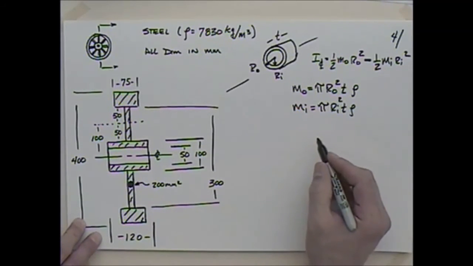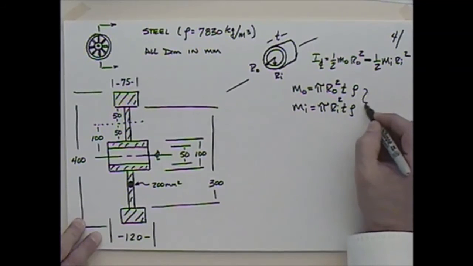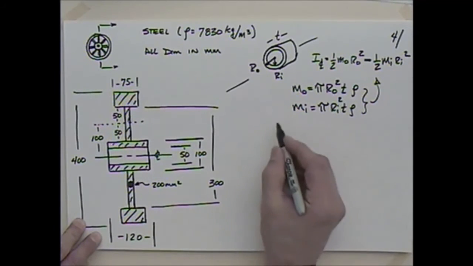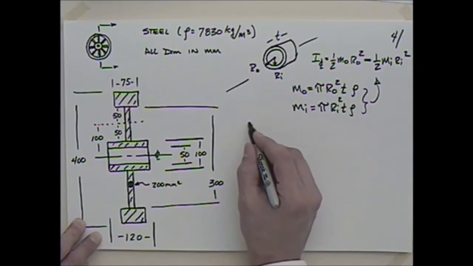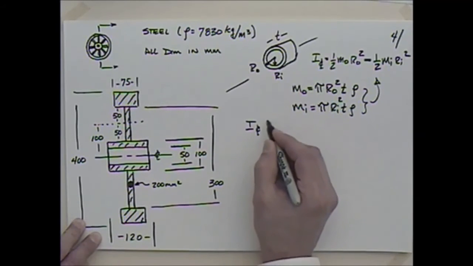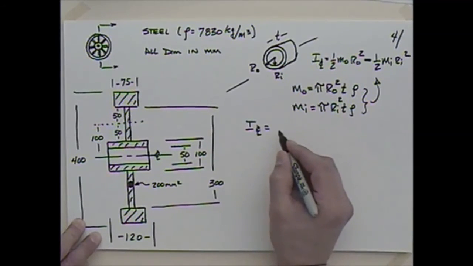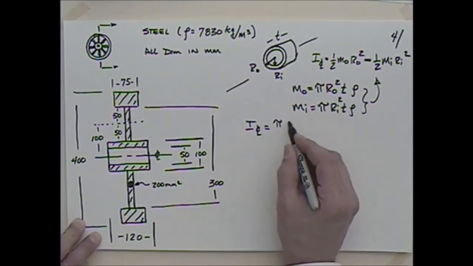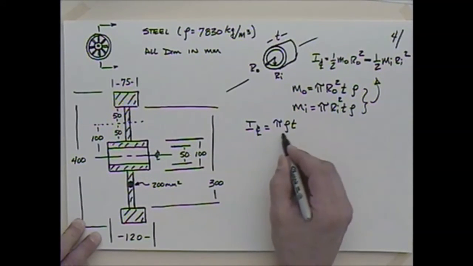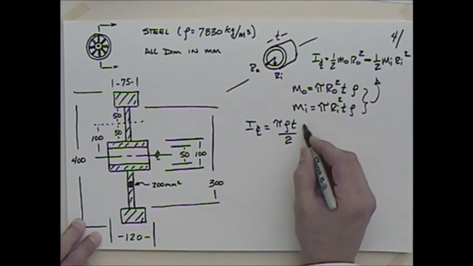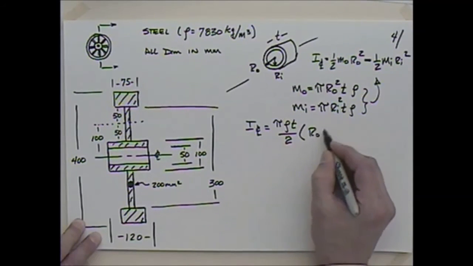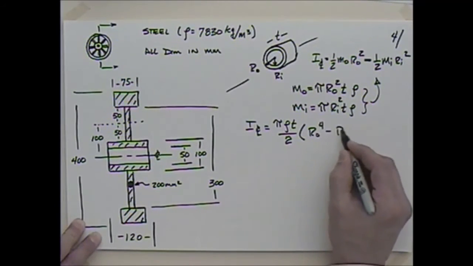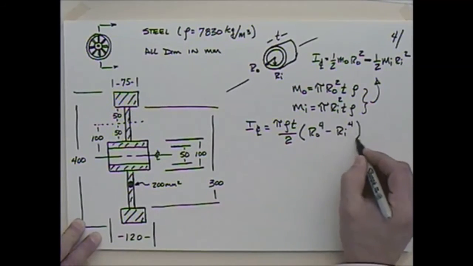And when I substitute these in, I can come up with the expression that I about the center line is going to be equal to pi times rho times the thickness divided by 2 times Ro to the fourth minus Ri to the fourth.